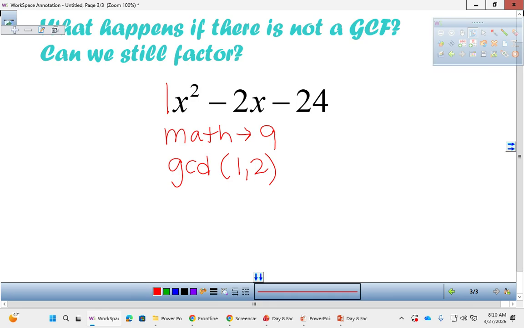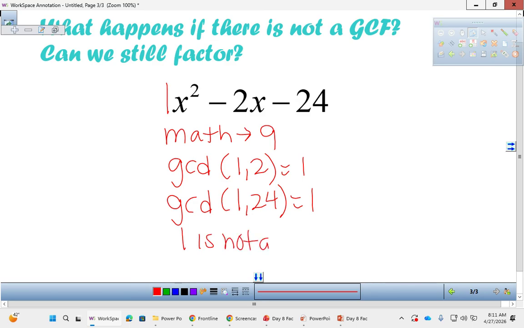The calculator is going to spit out a 1. Then if I take that GCF, which is 1, and pair it with the 24, I'm just going to get a 1. And we talked about how 1 is not a GCF. Everything can divide by 1. If I were to divide each of these things by 1, I'd still get the same thing.